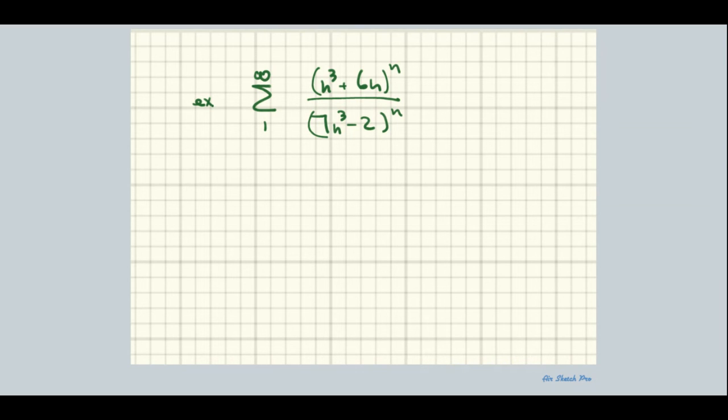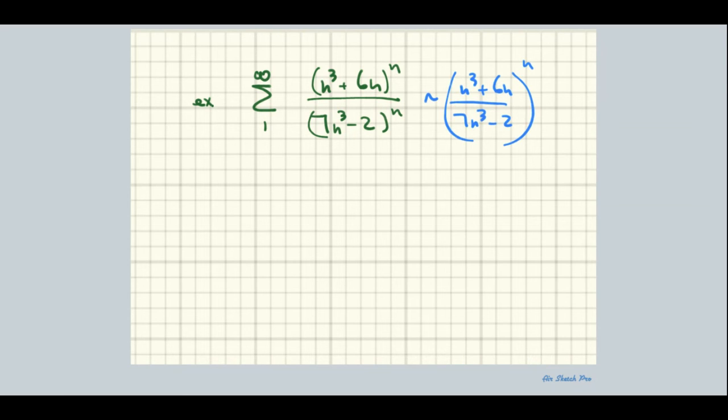And the idea is you just get rid of it. So I'm seeing this as n cubed plus 6n over 7n cubed minus 2, the whole thing to the nth power. So I throw away the nth power and just look at the root. In general, you would look at the absolute value of the root, but I wouldn't worry about that too much.